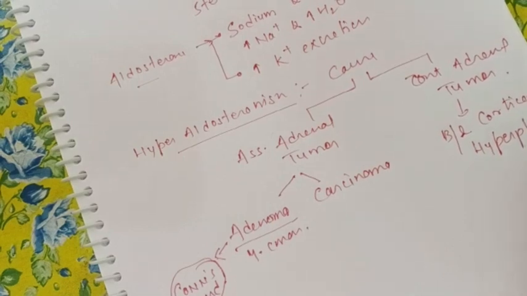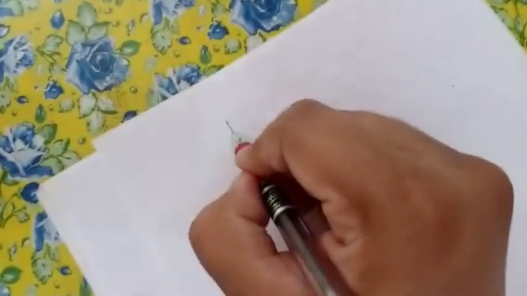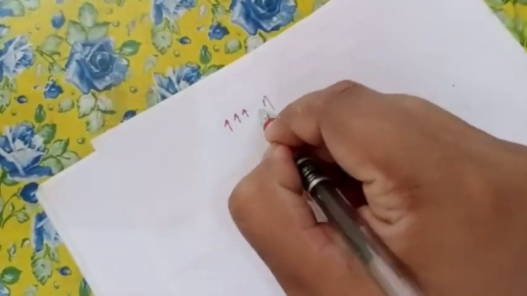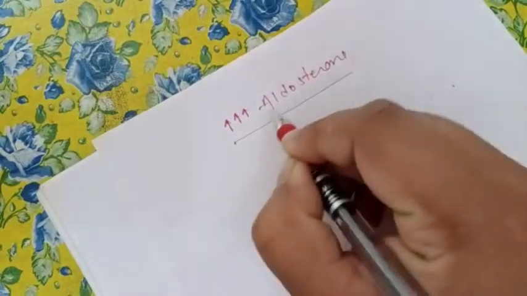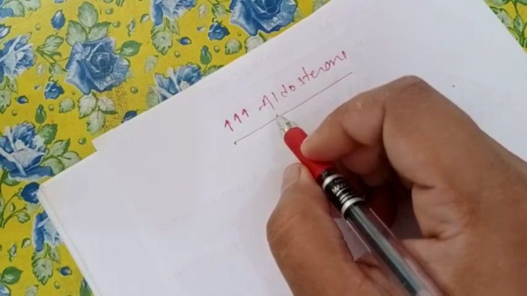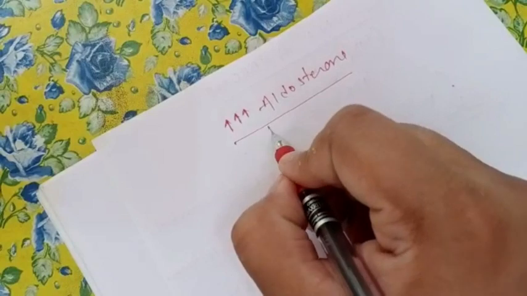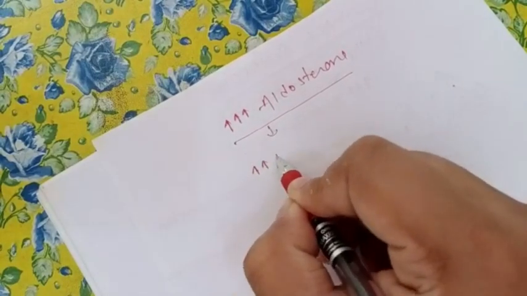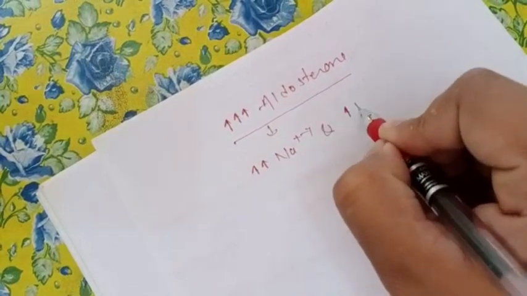Now we will study the manifestations. There will be increased aldosterone in Conn syndrome, and we have read that its function is sodium and water conservation. So increased aldosterone will lead to more sodium conservation and more water conservation.